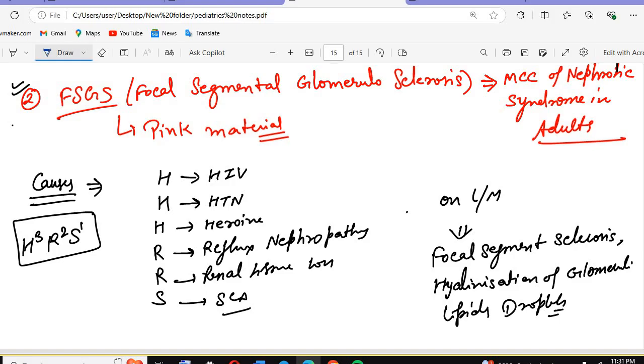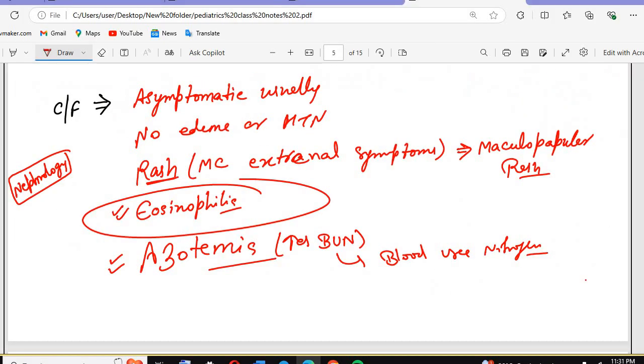Okay, the other one we have is acute tubular necrosis. This is the last for today.